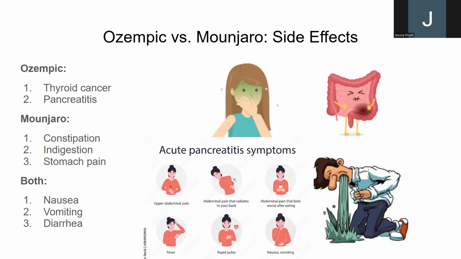Mounjaro, on the other hand, has side effects of constipation, indigestion, and stomach pain. Constipation, being unable to relieve bowel movements correctly, indigestion, heartburn, and stomach pain.